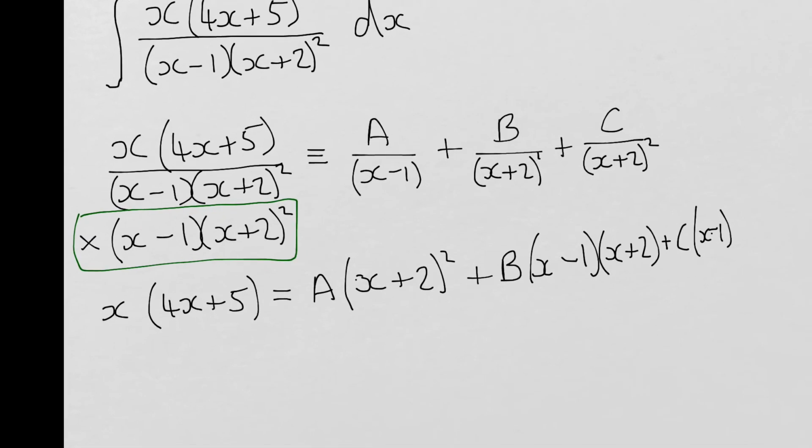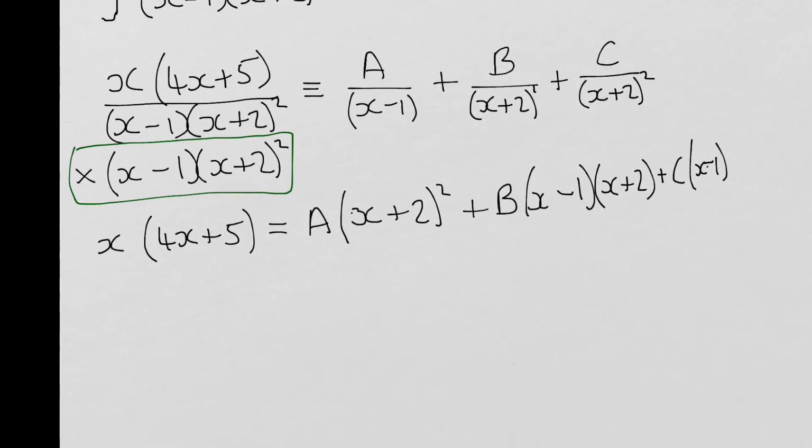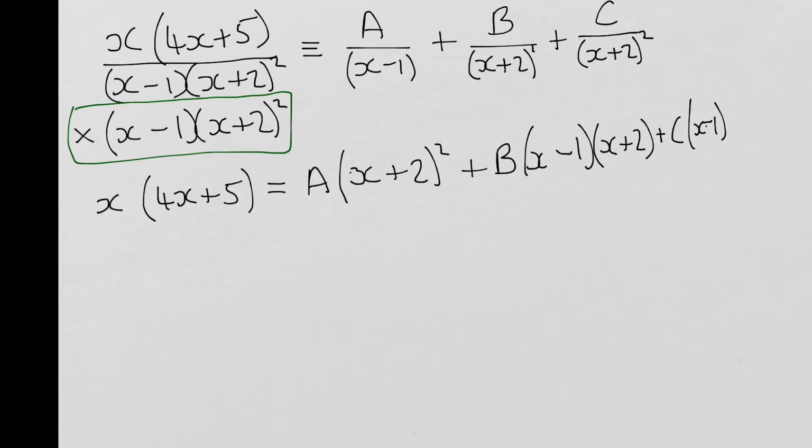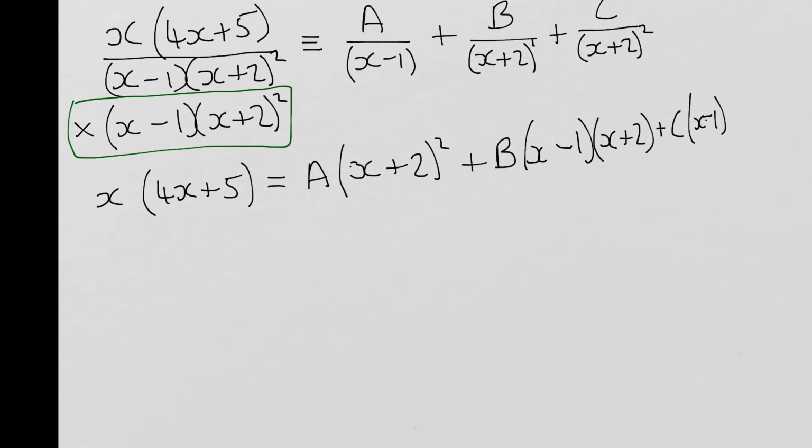That means that I need to make each of these brackets equal to 0 at some point by cleverly choosing a value of x. So if I have a look at this first bracket, I'm going to make x equal to minus 2. So on my left hand side here, I'll get minus 2 multiplied by minus 8 plus 5, so minus 3.